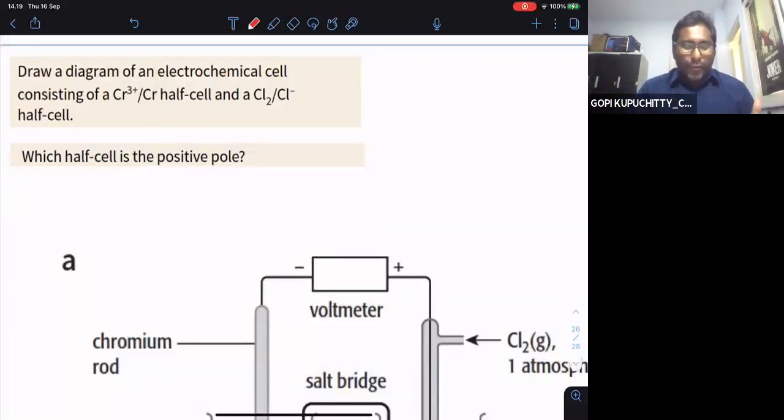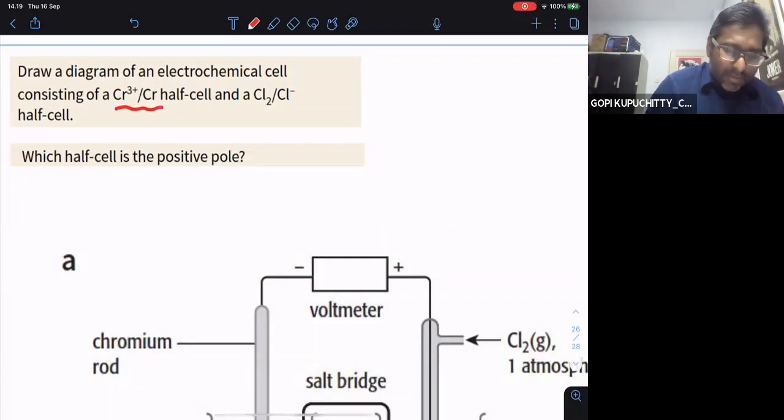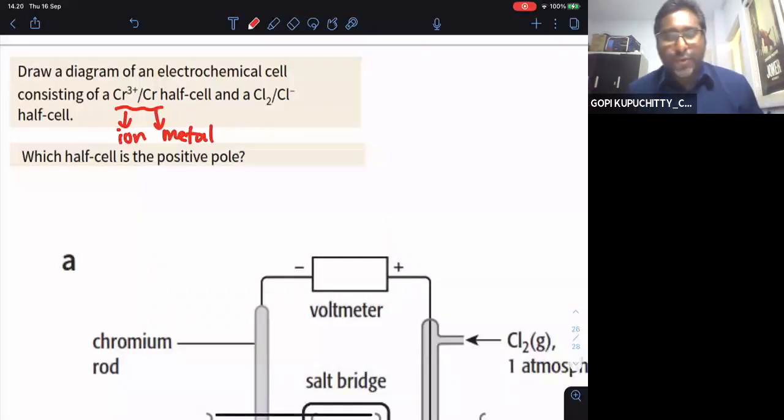So when I draw, use whatever three things that I taught you, which is the metal and metal cation, non-metal and non-metal ion, and then ion and ion. You apply. So here you see, this is going to be ion, and this is going to be metal. So make sure there is going to be electrode of chromium, and then solution of Cr3 plus.